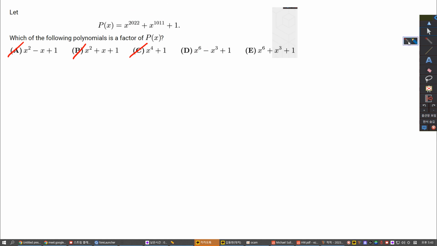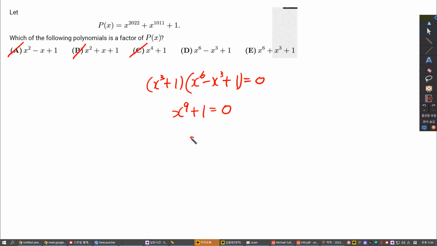In the case of D, let's say this expression is equal to 0. In such a case, we can multiply x plus 1 to both sides, and that means x to the 9th power is equal to this.